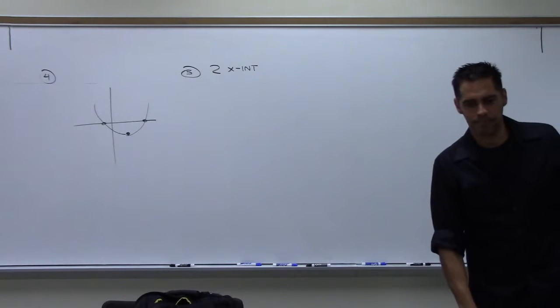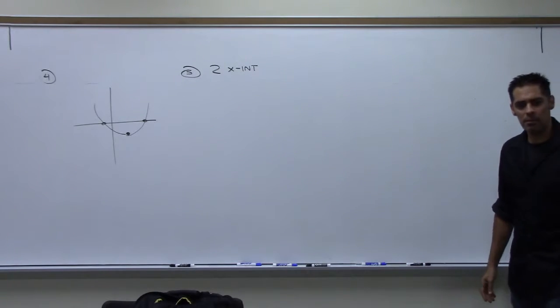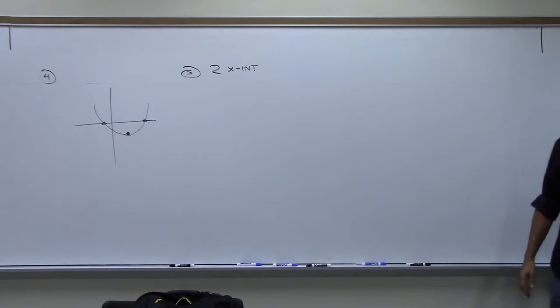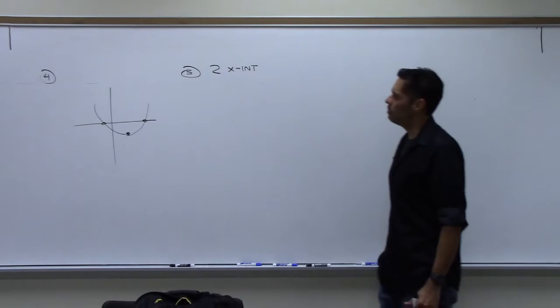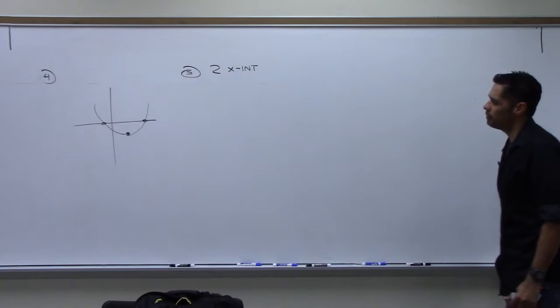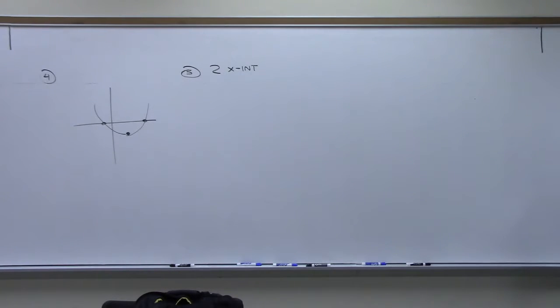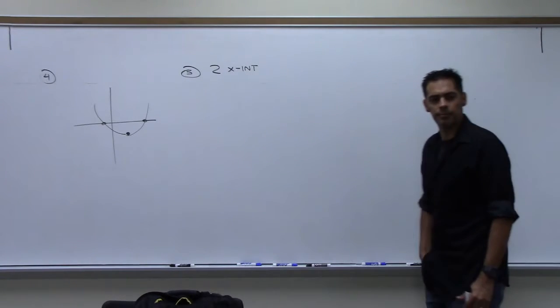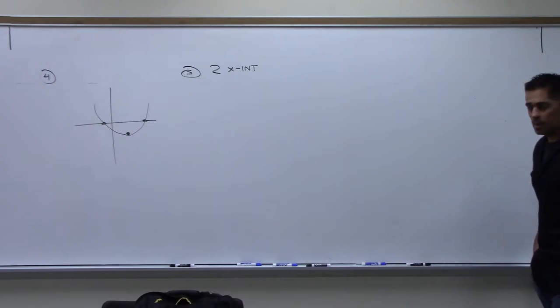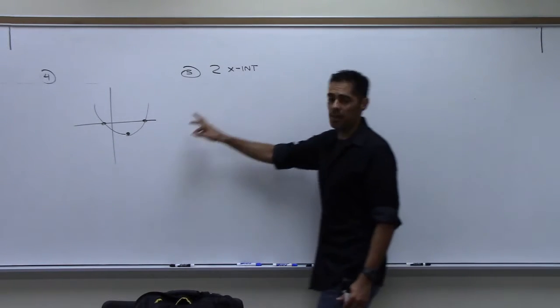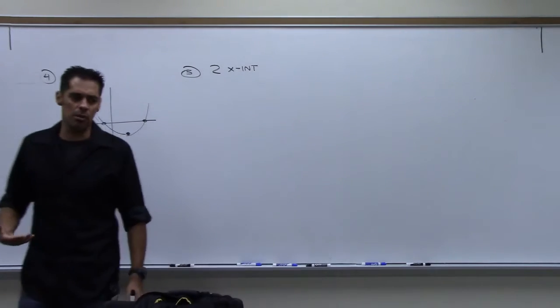Where are we at? Bianca, you've been out for a while. You okay? All right. So you want to help us with what we do for step 5 now? Step 5. Is that how many x-intercepts? Yep. So we already know we have 2 from this, right? And then since we have 2, what are we going to do?